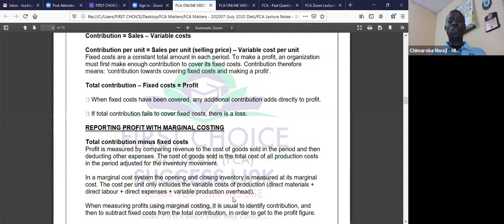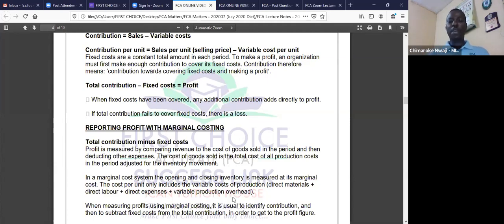Now, the cost of goods sold is the total cost of all production costs in the period, and it's adjusted for inventory movement. What we mean by adjusted for inventory movement is you have opening stock, you adjust your closing stock, because not everything that you moved into your factory was moved out.